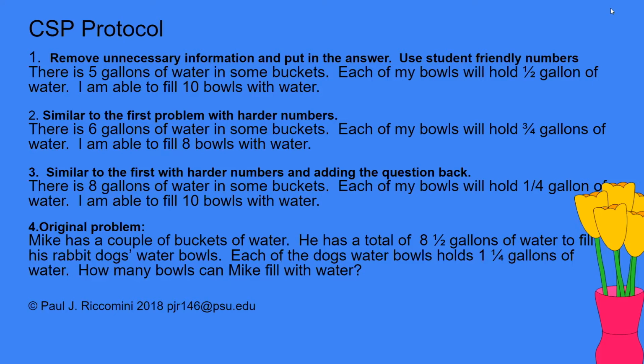So possibly, if I was looking at this, how could I get to this? This is one way that I could show it, right? But I know that I have 5 gallons and I'm dividing them in half. And anytime I'm dividing them in half, I'm doing what? I'm getting 2 out of those, right?